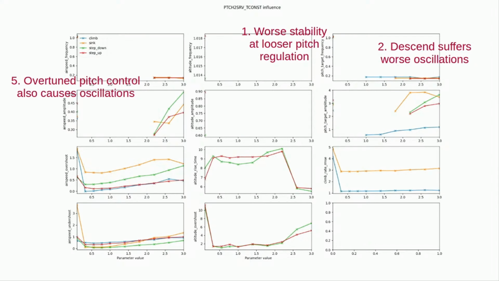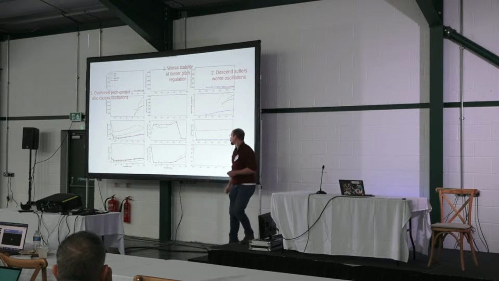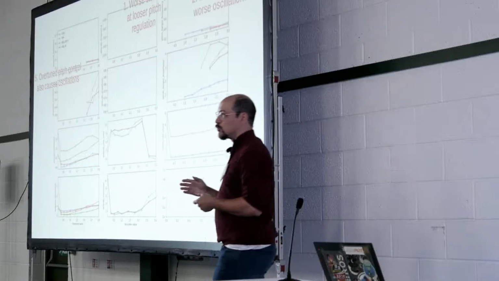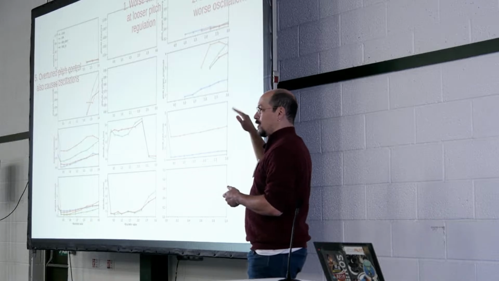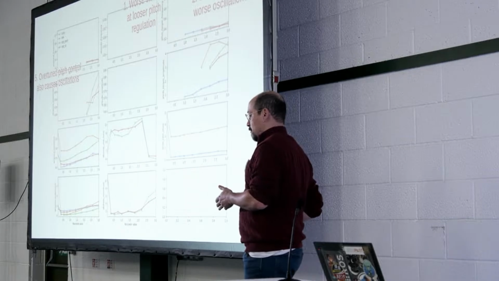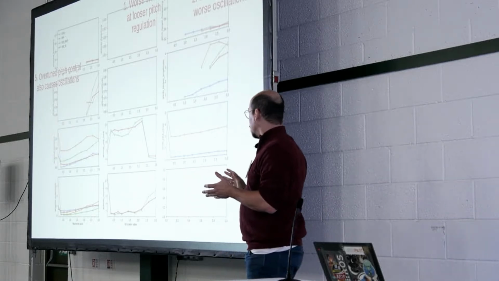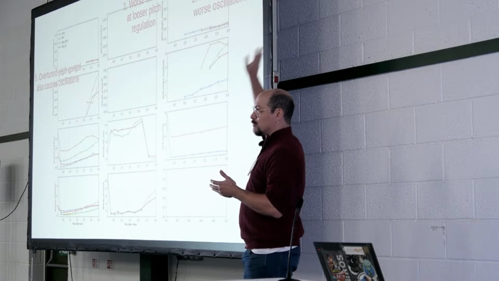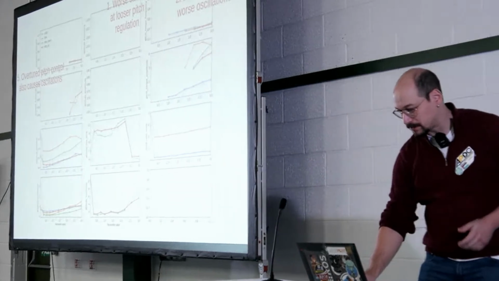This particular feature here is a quirk of the metrics, where the rise time doesn't actually reduce. It's that the sweep is so wild, the uncontrollability of the pitch angle is so big, that the plane shoots up above the target altitude, completely out of control, and the metrics think, okay, I've reached my altitude, yes, but in a very uncontrollable method. So it's not really a reduction of rise time.